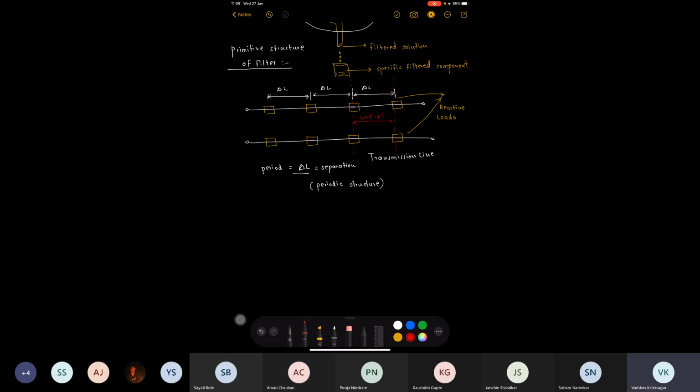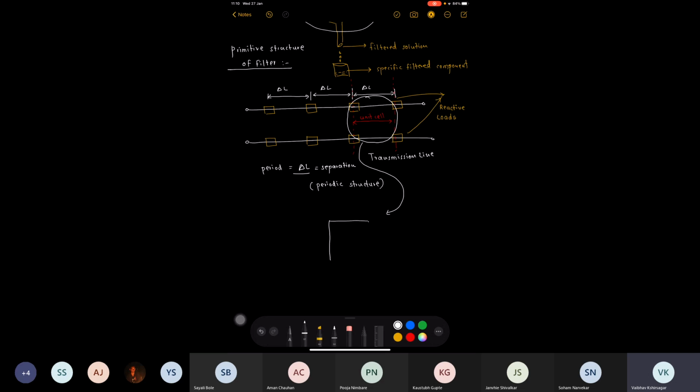Now this unit cell I'm going to represent by using a two-port network. This unit cell, which is equal to the period of the transmission line which is acting as a filter, I will convert into a two-port network.